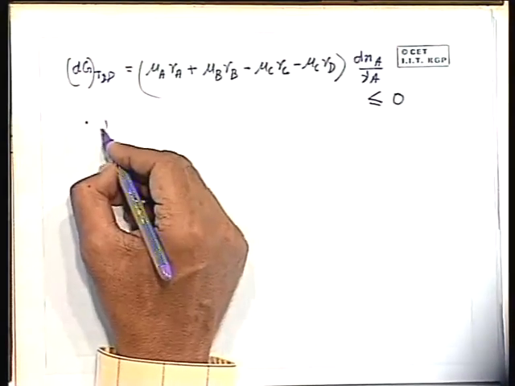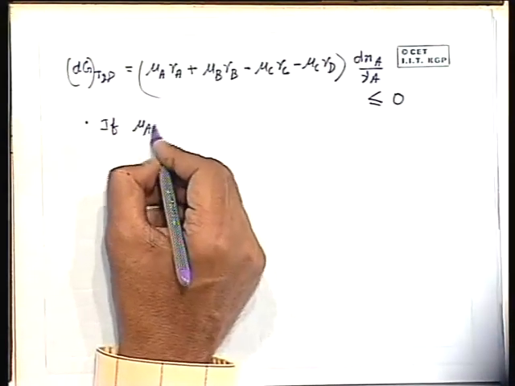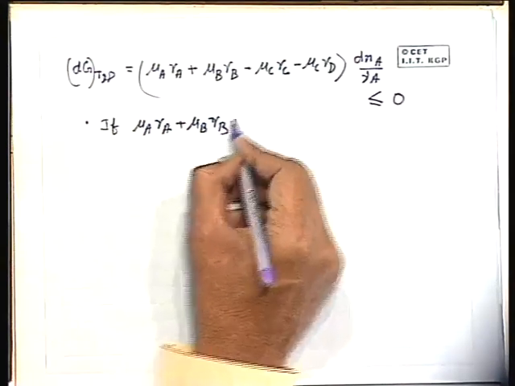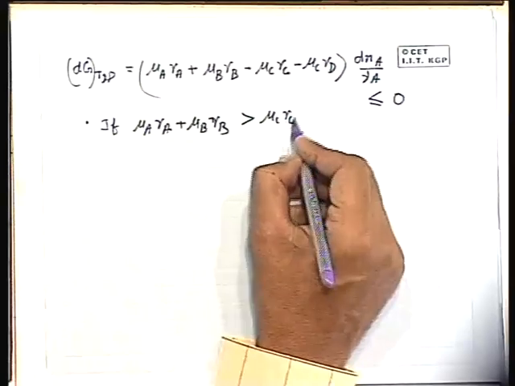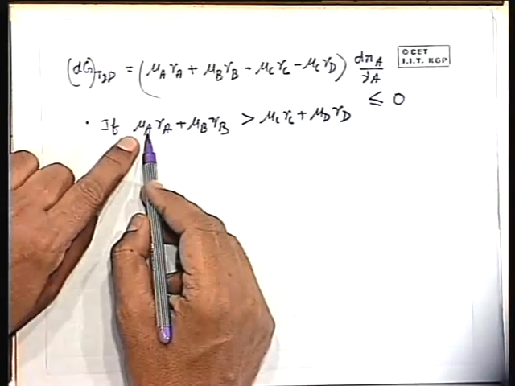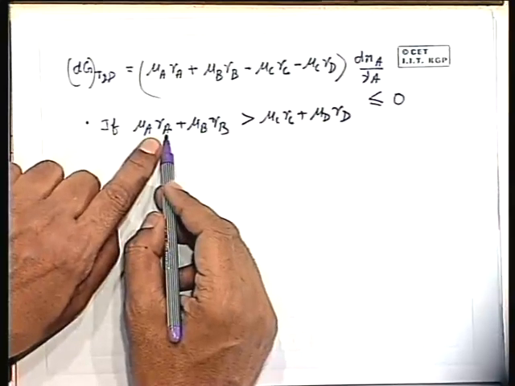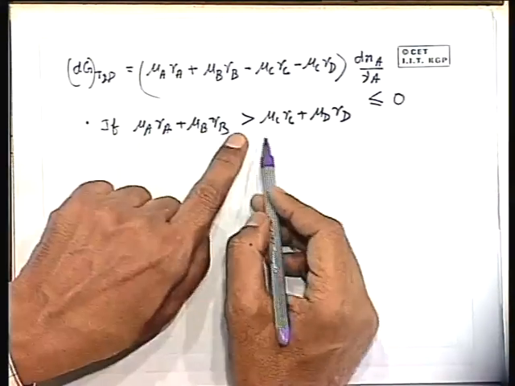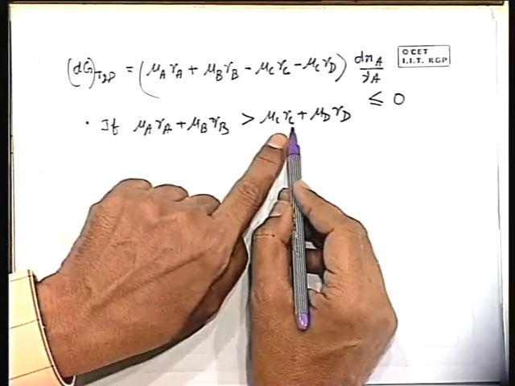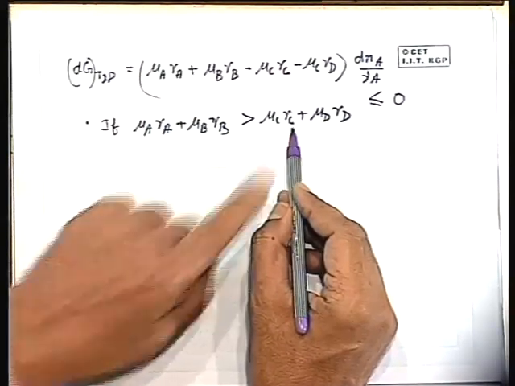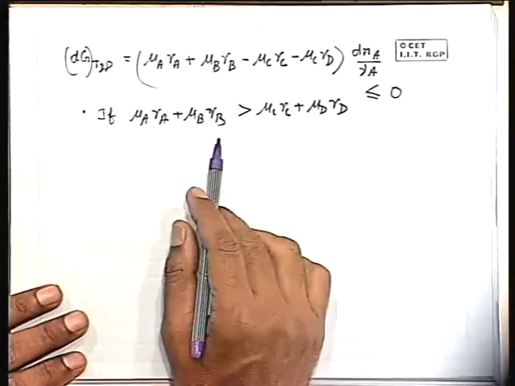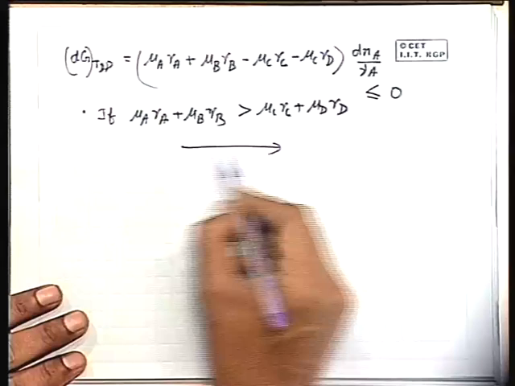Now there are two conditions. One condition, if mu A gamma A plus mu B gamma B is greater than mu C gamma C plus mu D gamma D. What does it mean? That means the sum of the products of the chemical potentials and the stoichiometric coefficients of the reactants is greater than the sum of the products of the chemical potentials and the stoichiometric coefficients of the products, then the reaction should proceed from reactants to products, that means from left to right.